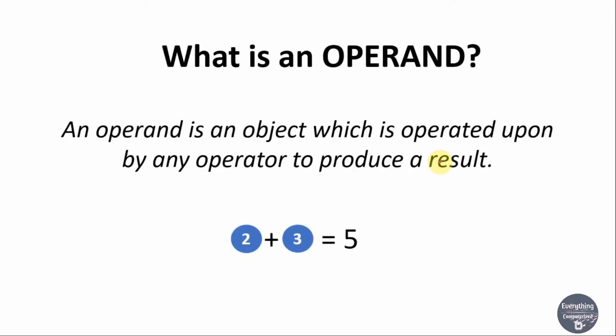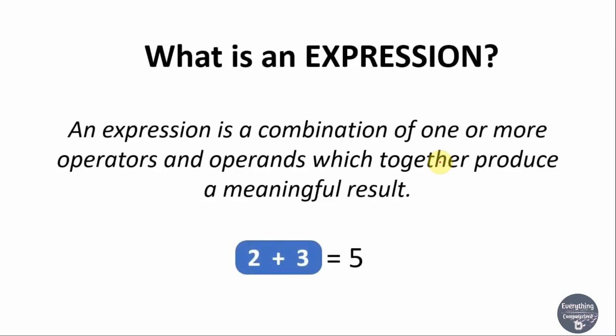An operand is an object which is operated upon by any operator to produce a result. So 2 and 3 are known as operands for the operator plus. An expression is a combination of one or more operators and operands which together produce a meaningful result. So in 2 plus 3 is equals to 5, 2 plus 3 as a whole is known as an expression.